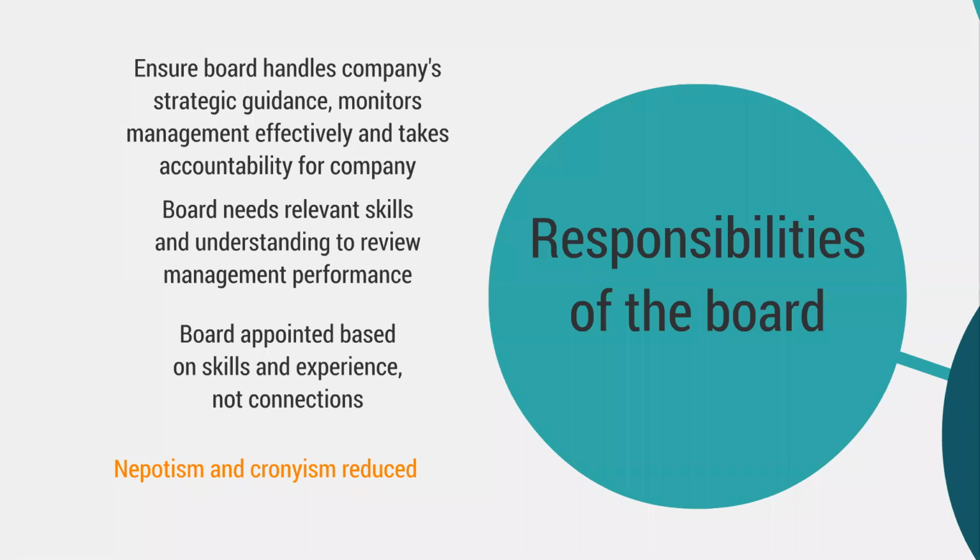So nepotism is when preference is given to a family member, or cronyism is when friends are appointed to positions of authority without having the required qualifications. And by making sure there's a robust board recruitment process in place, it means that findings of nepotism and cronyism are reduced.